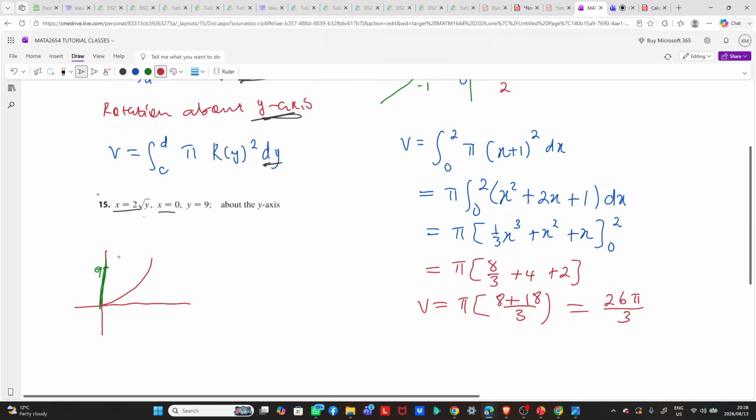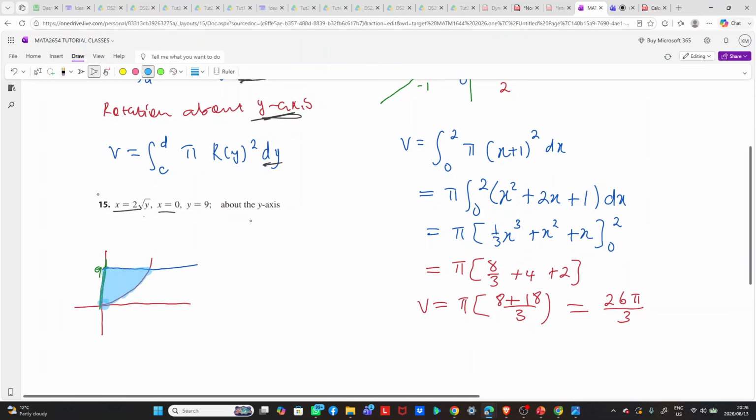Then I'm going to draw a horizontal line that goes like that. It goes on and on like that, but I'm not really interested in that. So the area that is enclosed by the green, the blue line, and the red line is this one. So this is the region that is enclosed by those curves.